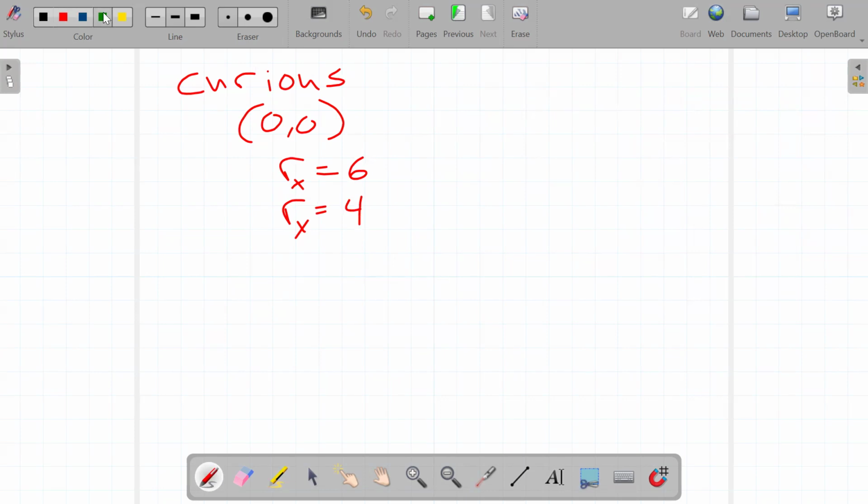So I want to try the parameterization x equals 6 cosine of t, and y equals 4 sine of t. So I think what this will do is the maximum distance I can move away from the origin in the y direction is 4, and the maximum distance we can move in the x direction should be 6, and so I should get something that looks like an oval or an ellipse.